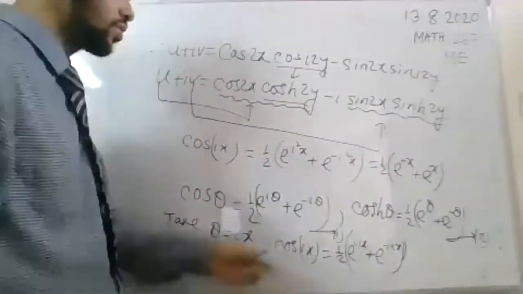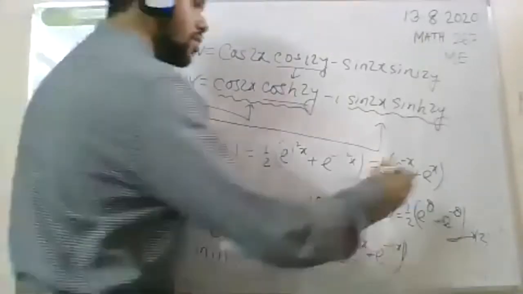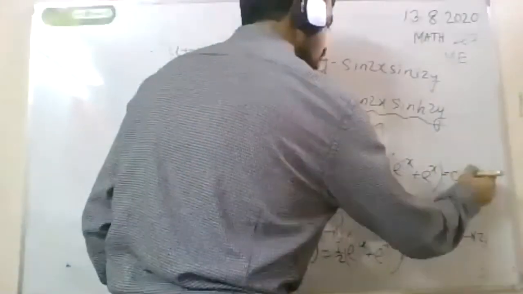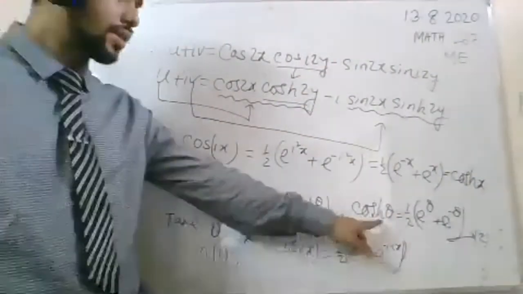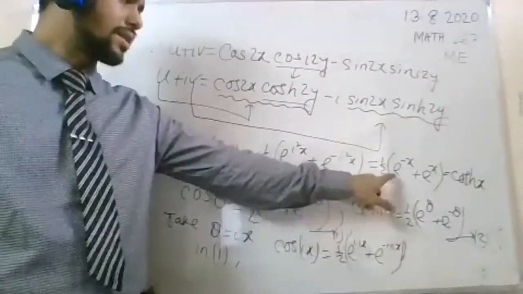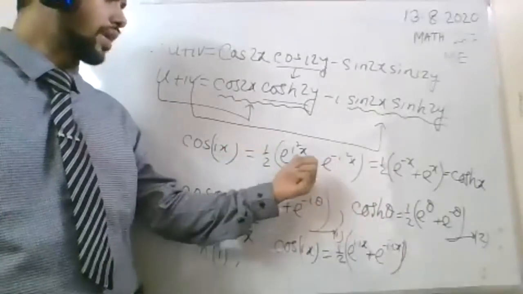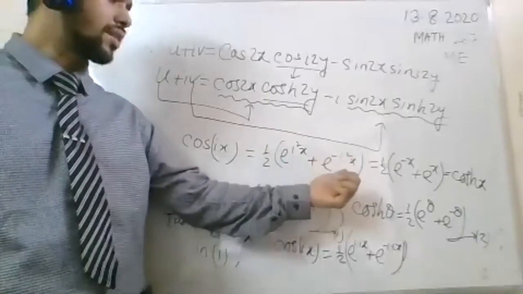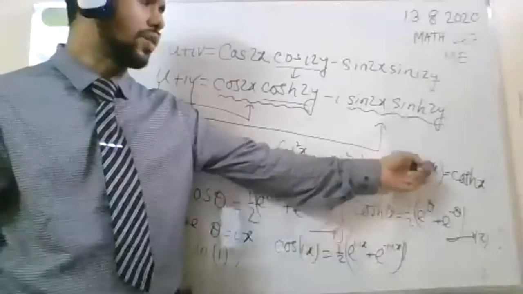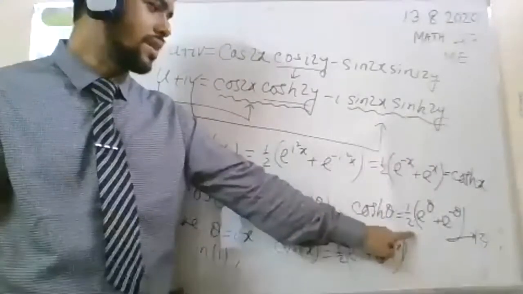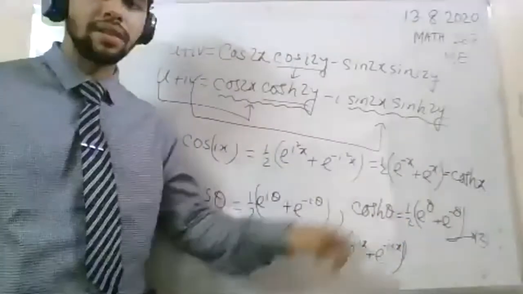So from 2, you can say that cos ix equals cos hyperbolic x. If you compare with this, you can easily say that this is cos hyperbolic x.